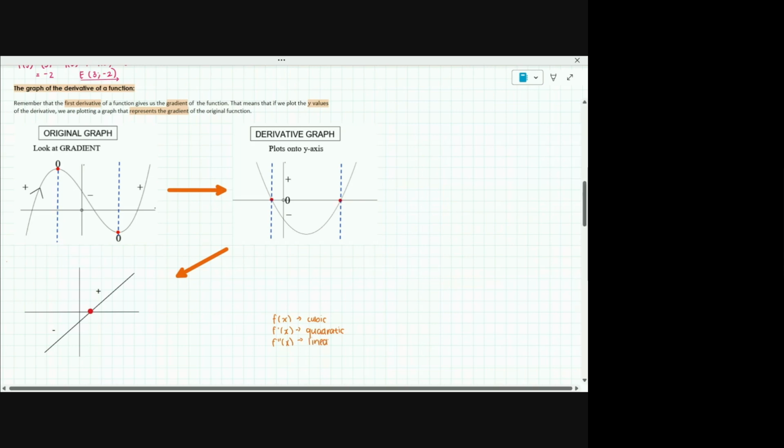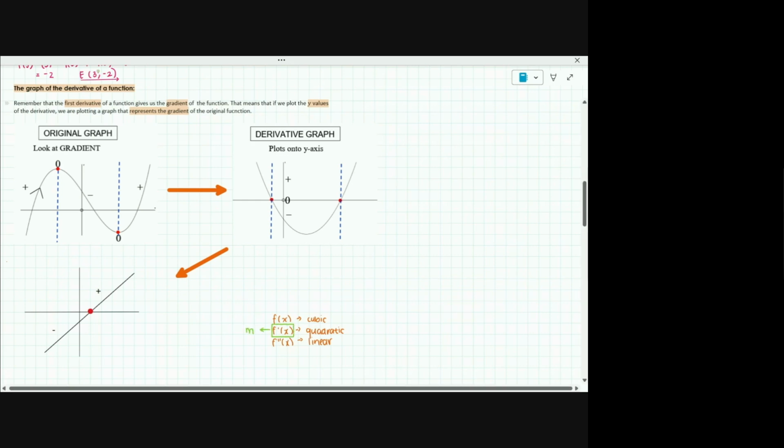We have these three functions shown on the screen here. Now the next thing to remember is that when we find the first derivative, we are actually finding an expression for our gradient. So remember, first derivative gives an expression for your gradient.